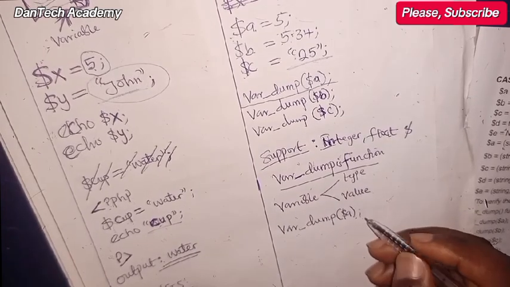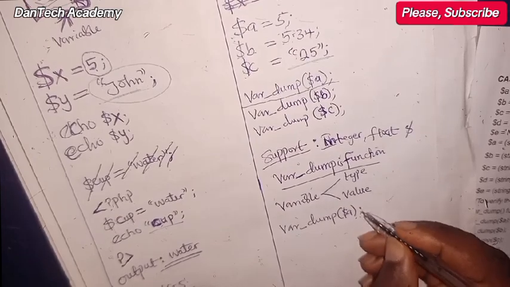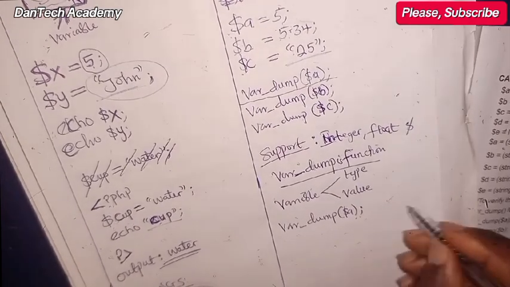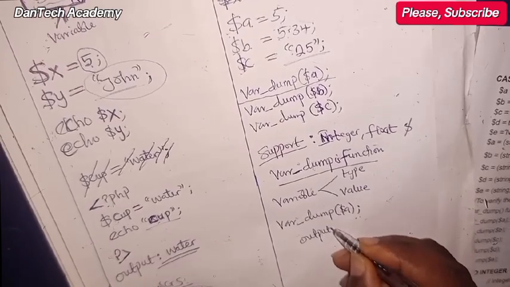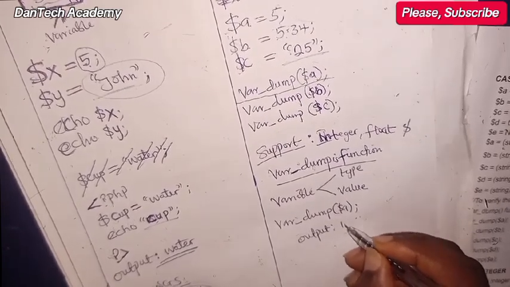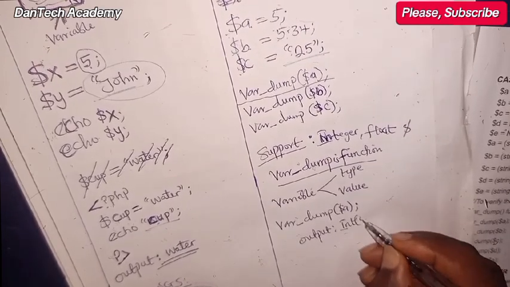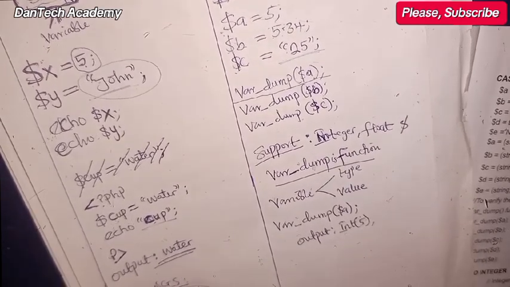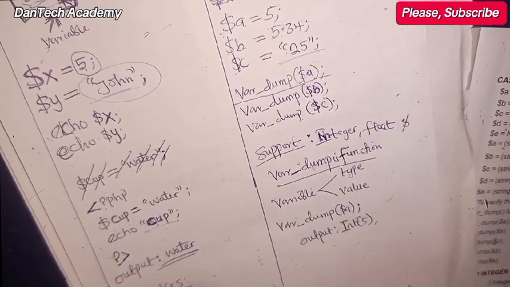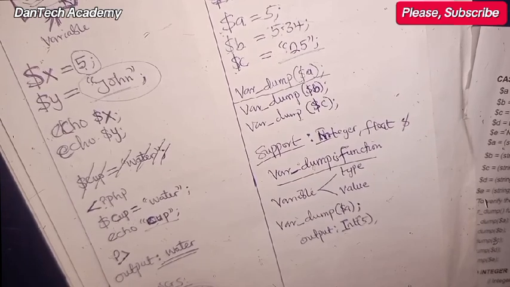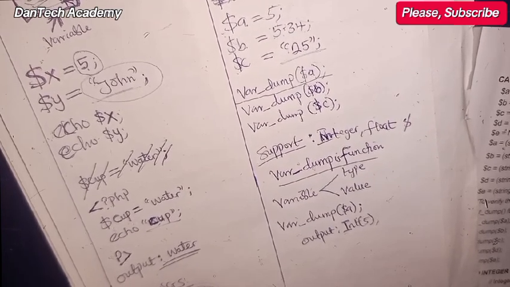What will be the output of this? The output will be int(5), indicating that $a is an integer. That is what it simply means.